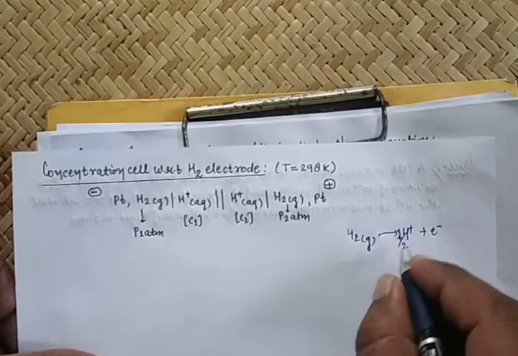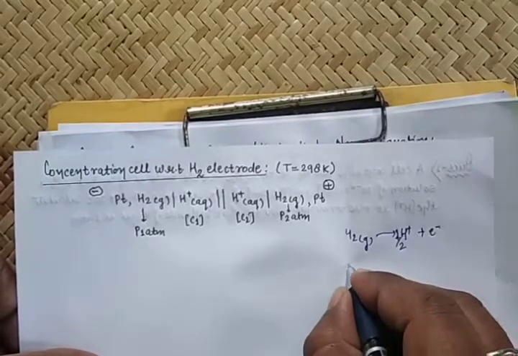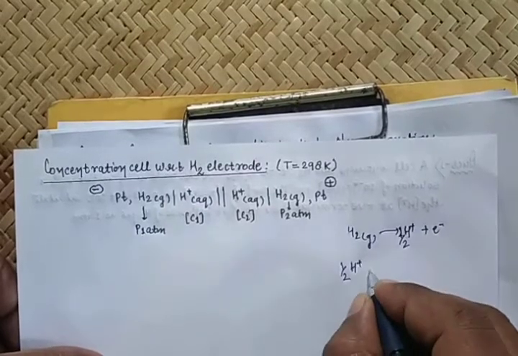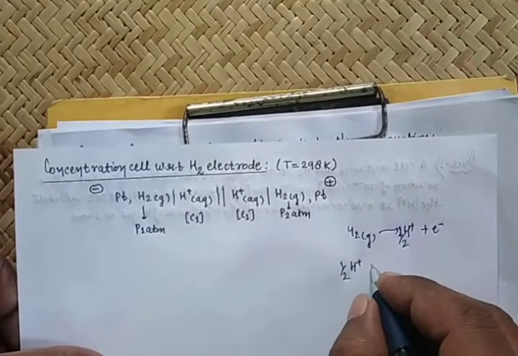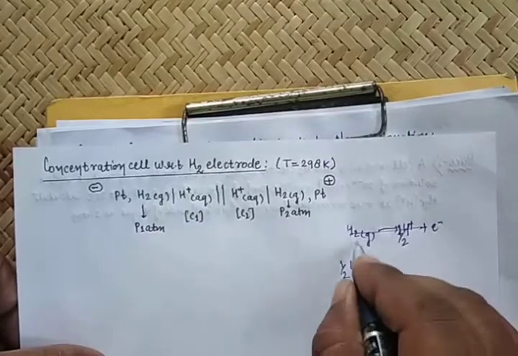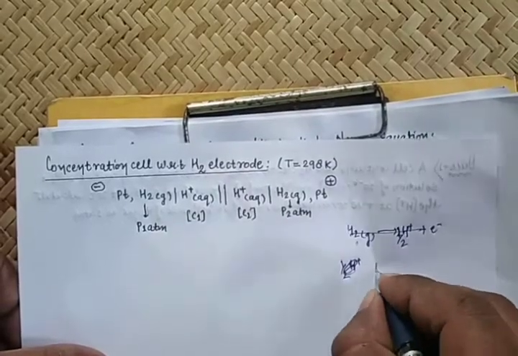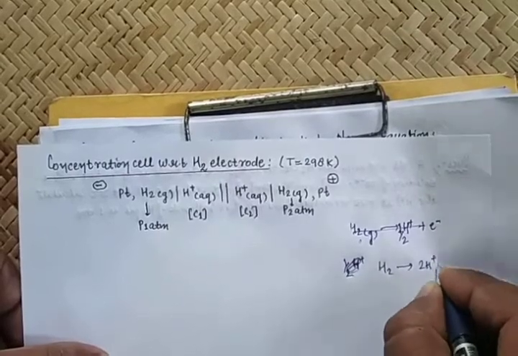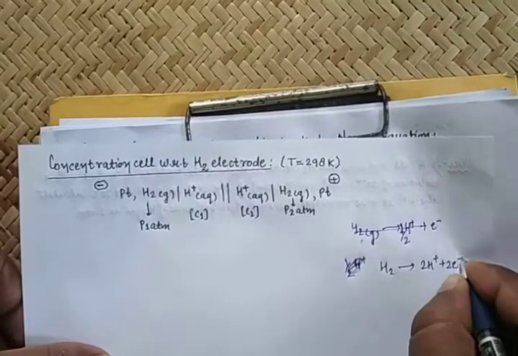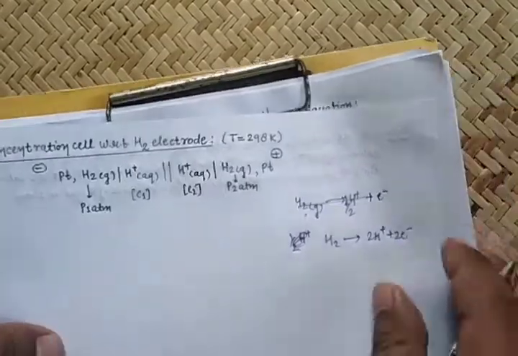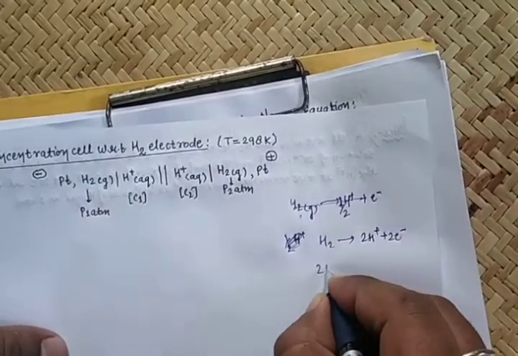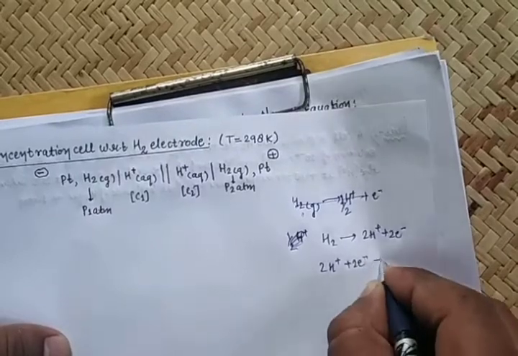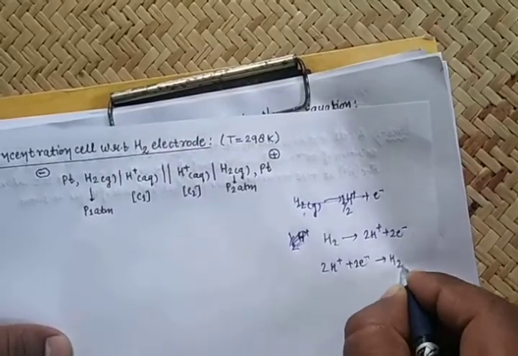And the same for the other side. Suppose you write H2 gives 2H plus plus 2 electrons. This is the oxidation, and this 2H plus accepts 2 electrons to give H2.